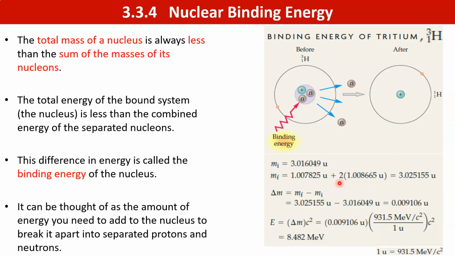So there is a change of mass before and after the process, and the difference in energy is called the binding energy of the nucleus. We insert this mass change into Einstein's equation, E equals mc squared, and then we can get the energy released during the process.